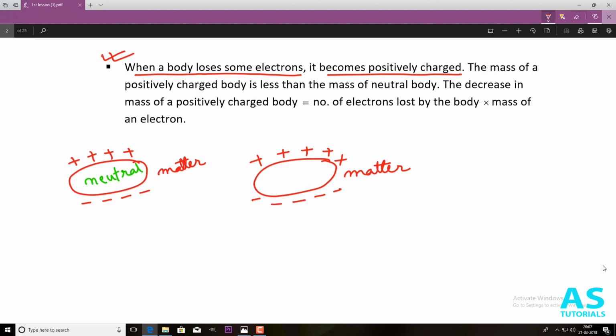Now we'll take a case. Let us assume that one electron from the first matter is transferred to the other. If this electron has been removed and transferred to the other side, this is the excess electron, and between these two charges, positive and negative, they cancel.